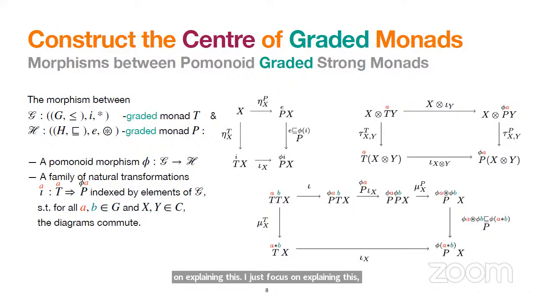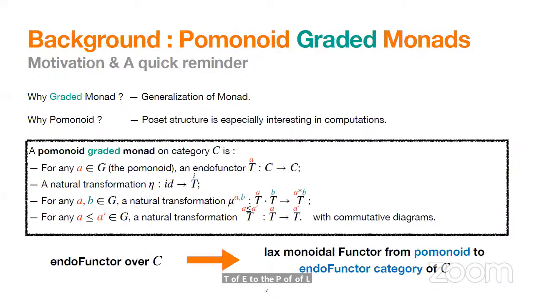If we come from X, we first have eta from the first graded monad T. We apply the eta, we have the T of I here, and we apply the other eta of the graded monad P. We have the P of E here, and if we apply the morphism iota, it goes from the T of I to the P of phi of I. Then the question is, how do we define the relation between P of E and the P of phi of I?